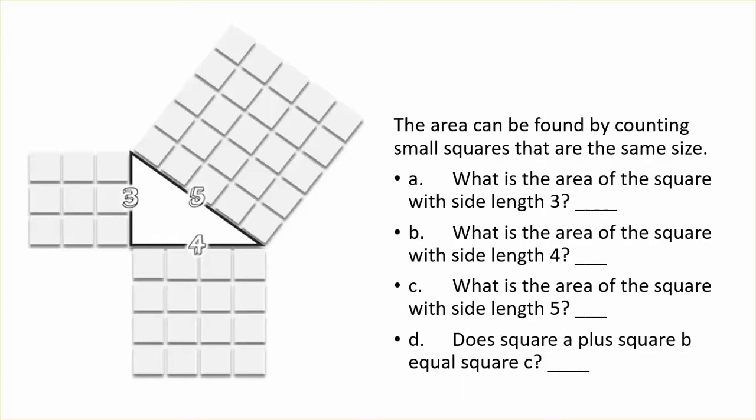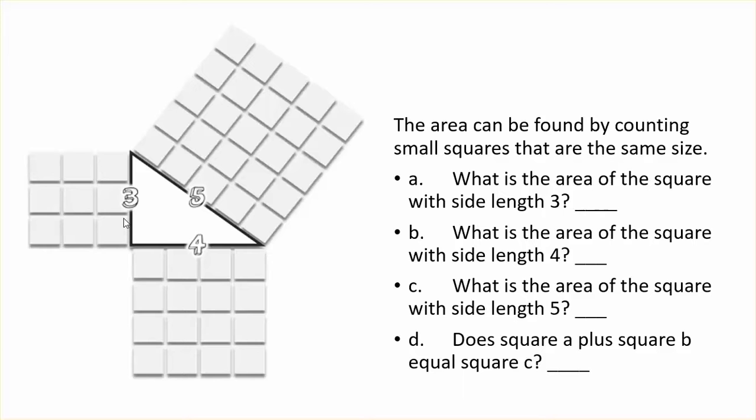Before we get into the actual formula, we're going to start with a visual representation of the Pythagorean theorem. So I started off with a right triangle, has sides 3, 4, and 5. Then I went ahead and I made a square on each of those sides. Let's start by looking at this smallest side.